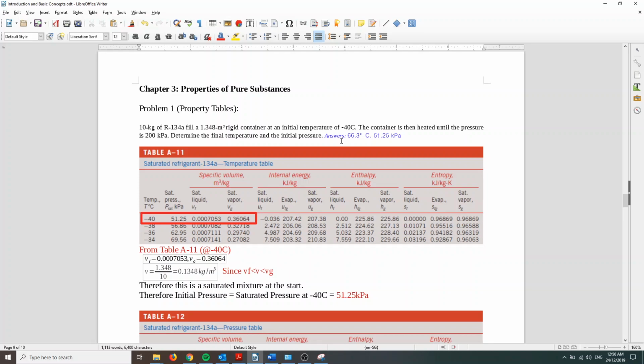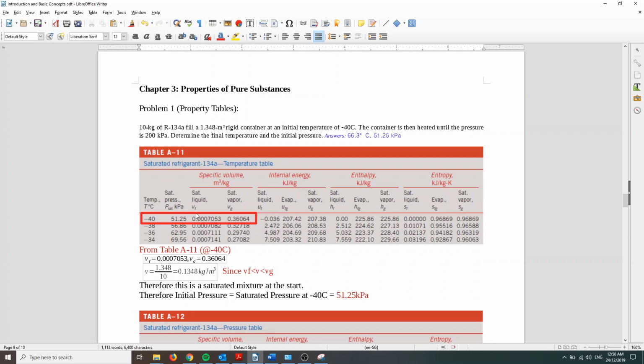Right, so what's the first thing that we do? The first thing is we know the temperature. So we head down to table A11, because this is for R134A and not water, at negative 40 degrees Celsius. The first thing we check is the saturated pressure, which is 51.25.